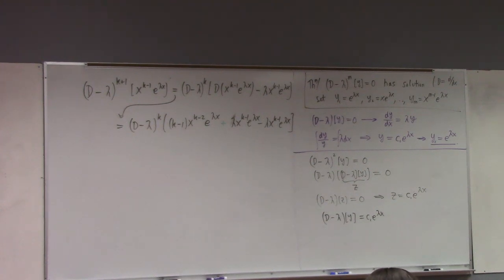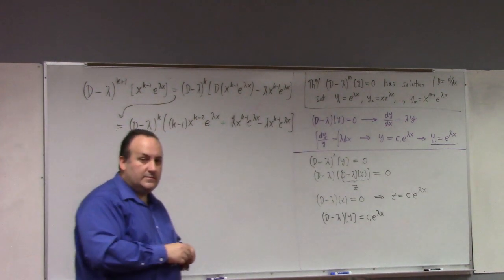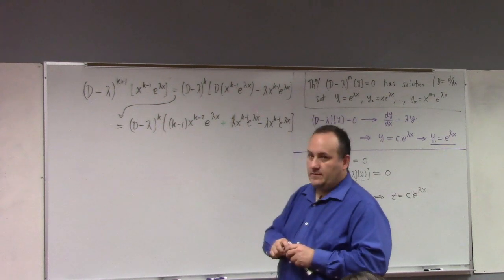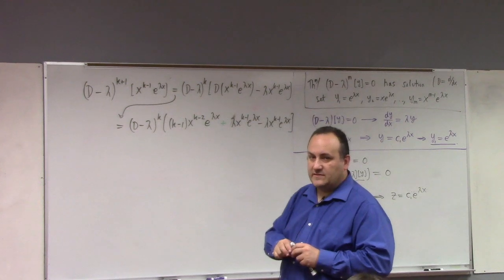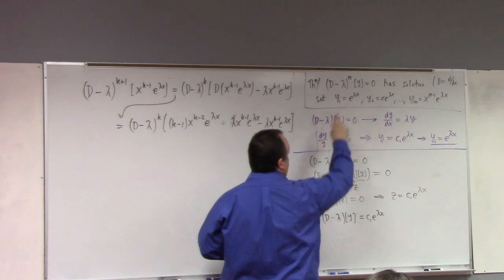Well, this differentiation operator is only 0 on e to lambda x, x e to lambda x, x squared e to lambda x, and linear combinations thereof. Nothing else does it kill. Okay, so because that's just a variation of e to lambda x, that's why it's 0? That is the third solution, x squared e to lambda x. So it's an example of this theorem for m equals 3.